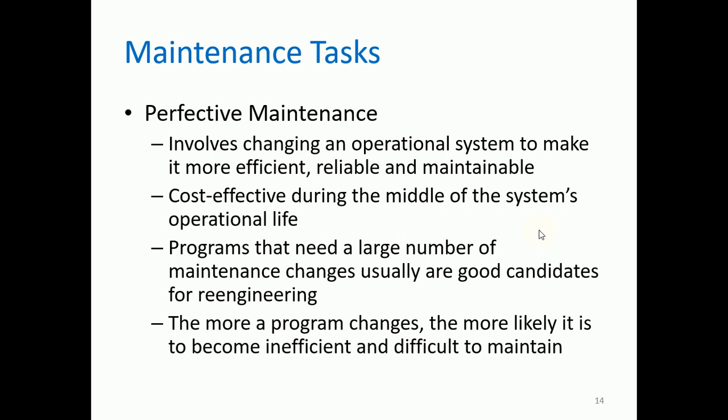Maybe you need to develop a new system, since conducting perfective maintenance will be costly. The more a program changes, the more likely it is to become inefficient and difficult to maintain. So if you are doing many perfective maintenance changes to the system, it may be high time for you to have a new system.